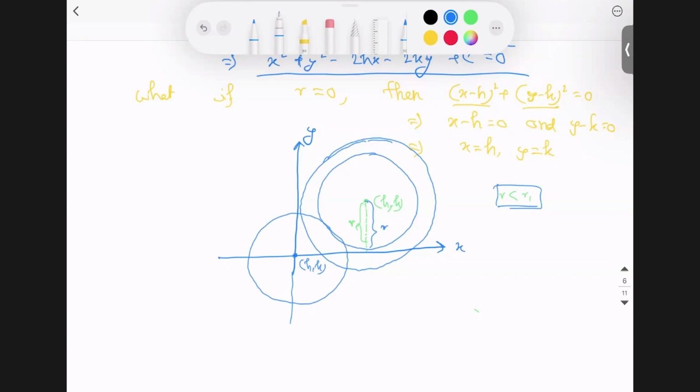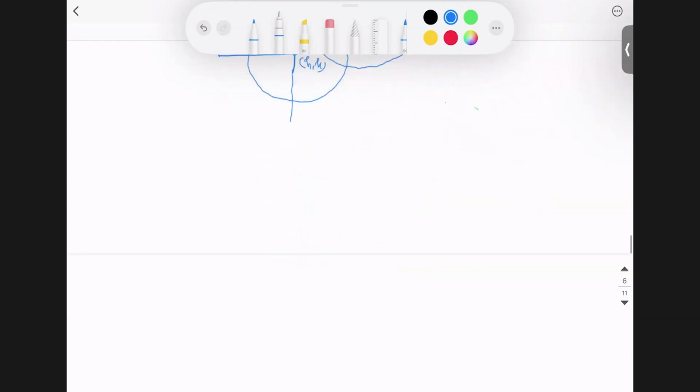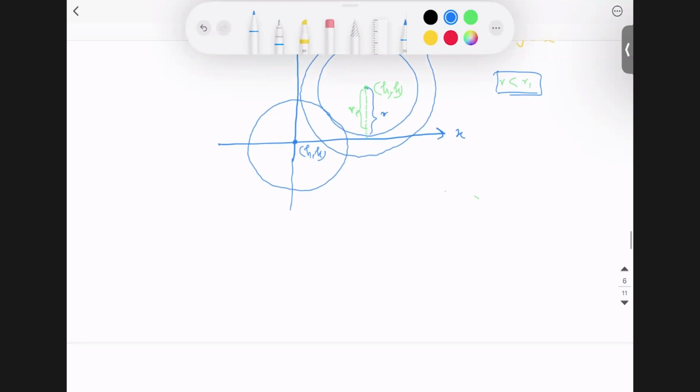Now come to some questions. You can understand much better by that. So question number one is: what if I shift h and k, which is the center of the circle, to the origin?